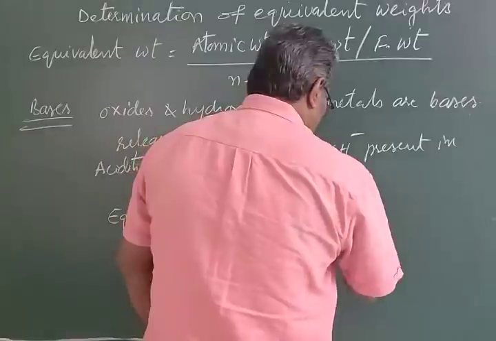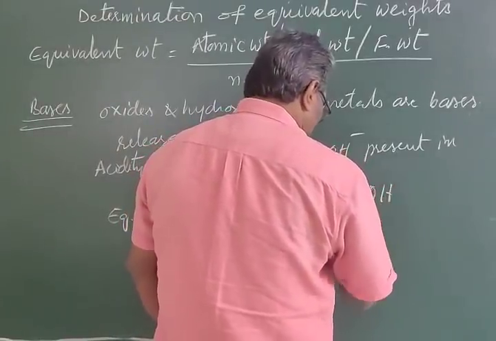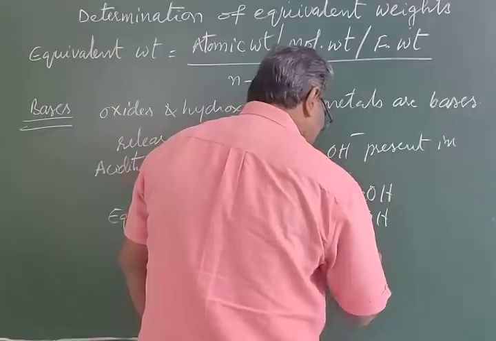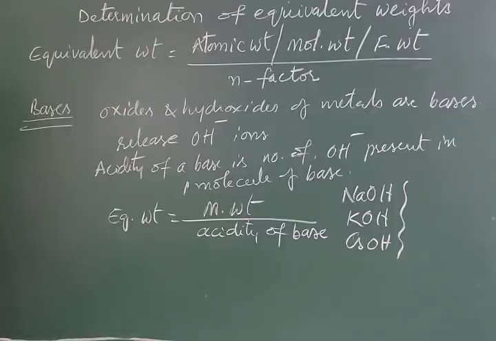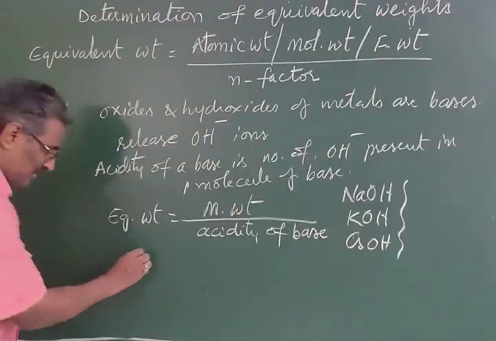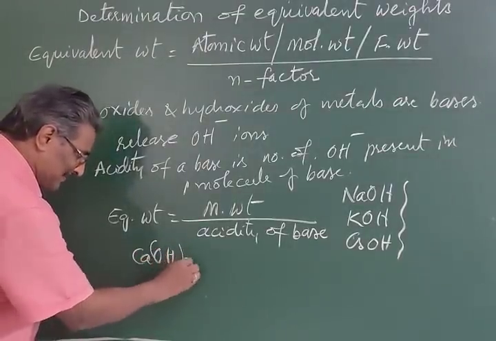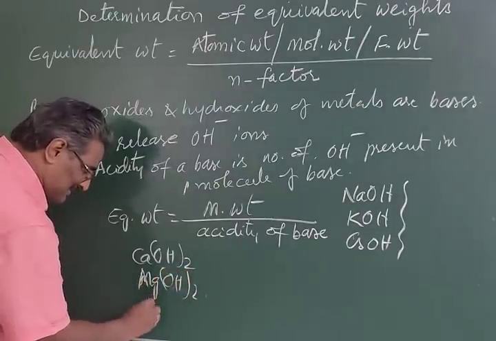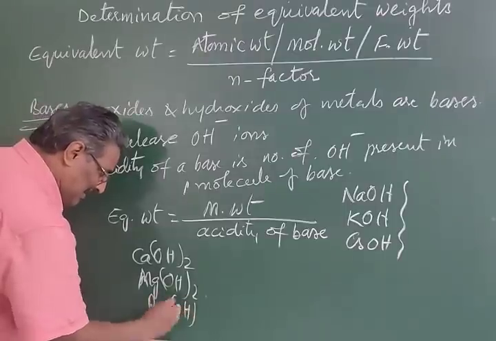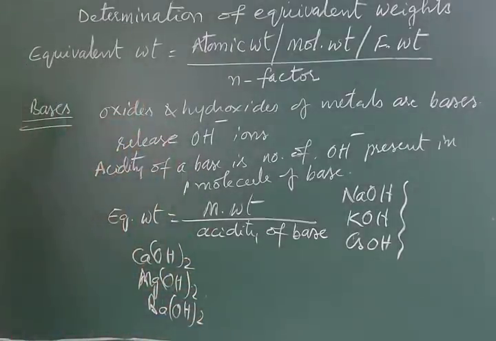For example, for sodium hydroxide, potassium hydroxide, cesium hydroxide, etc., as the acidity is 1, equivalent weight is same as molecular weight. Whereas in the case of calcium hydroxide, magnesium hydroxide, barium hydroxide, etc., acidity of the base is 2, that is N factor is 2, so equivalent weight is equal to molecular weight by 2.